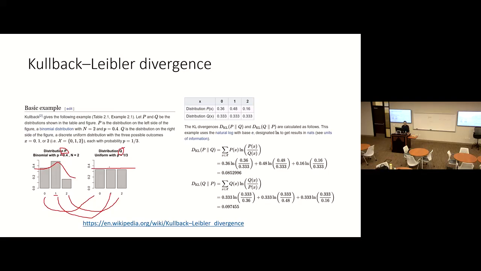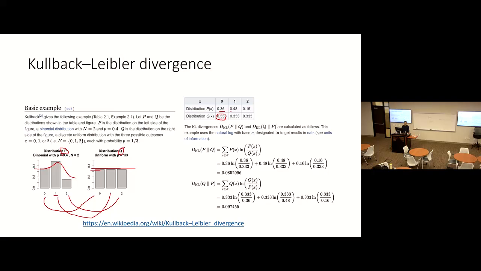Once we have this, we know the probability for the first bin in the Q distribution is 0.333, while in distribution P the probability is 0.36. So we put the numbers here; these are the PDF values. Then we move to another bin.